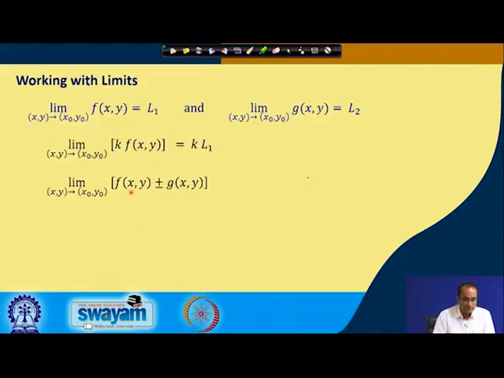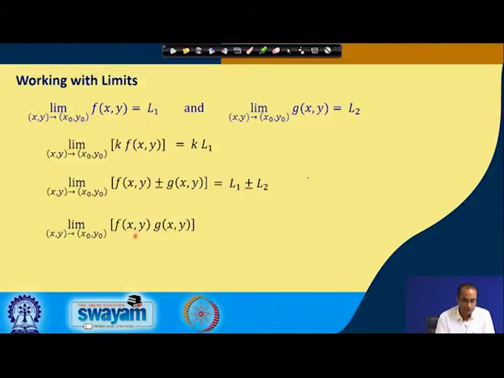Again, when we add f(x,y) plus or minus g(x,y), and we have finite quantities L1 and L2, then this limit will be L1 plus or minus L2. If it is a plus there, plus will appear; if it is a minus, then minus L2 will come.